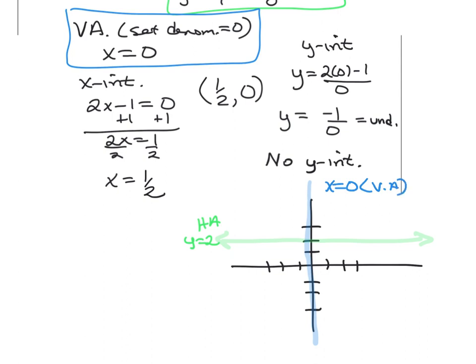And now I can graph my x-intercept. Remember, I don't have any y-intercept. So I'm going to graph the ordered pair 1/2, comma 0. I need to get some additional points. I need some points that are less than the blue line, so I could plug in negative 1. So let me do a table here.